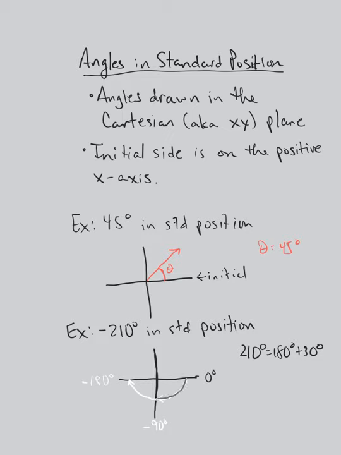As far as negative 210 degrees goes, it would be about right there, and then my terminal side would come out like this. A lot of concepts and problems imply that you're using standard position, so that's an important vocabulary term to keep in your back pocket.